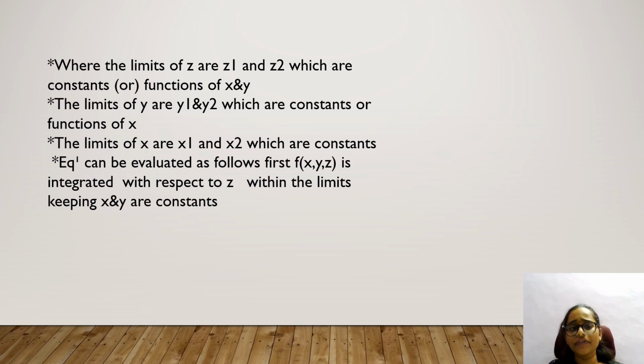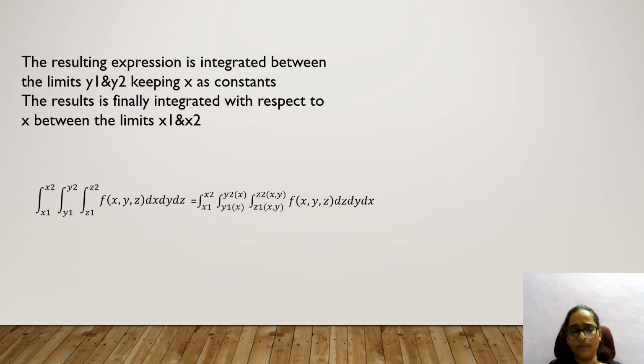To evaluate, first we integrate f of x, y, z with respect to z between its limits, keeping x and y constant, and then the result is integrated between the limits y1 and y2, keeping x as constant. The result is finally integrated with respect to x between the limits x1 and x2.